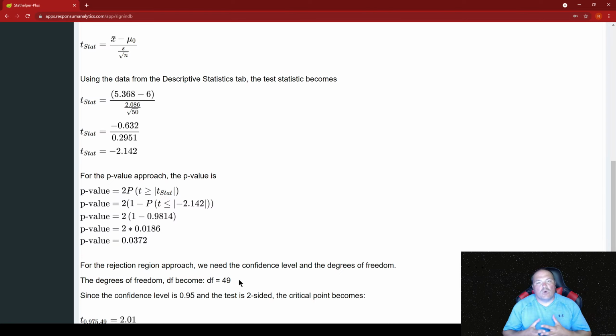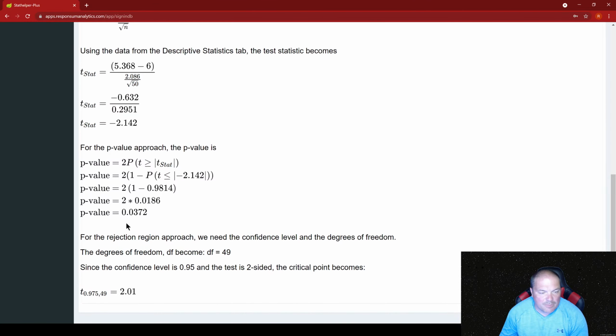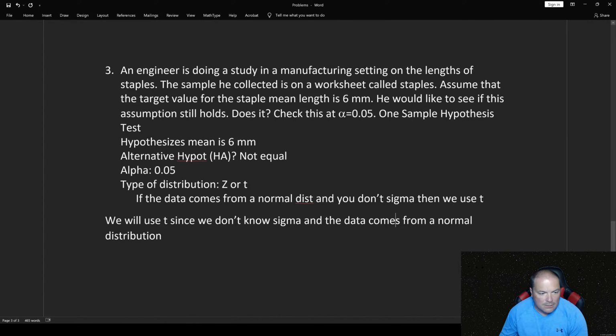So normally what happens is you will use the computer to find this. We usually will not be doing this by hand with a table. Okay, so we get our p-value of 0.0372. Let's just make sure. 0.0372.